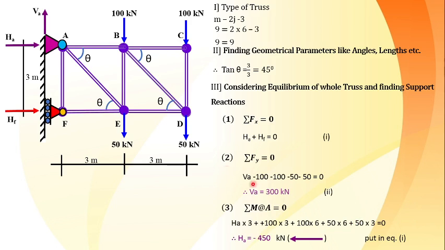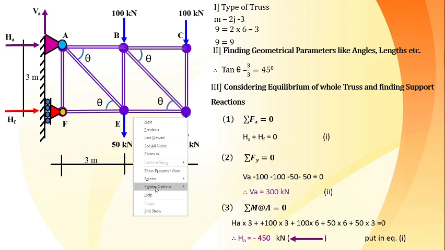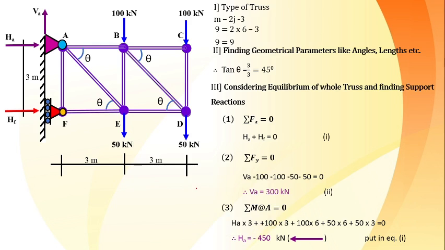Here you can see, we are taking the moment about point F. So do the algebraic summation of moments about point F. HA into perpendicular distance 3 plus 300 into perpendicular distance 3 plus 100 into perpendicular distance 6 plus 50 into 6 plus 50 into 3 is equal to 0.